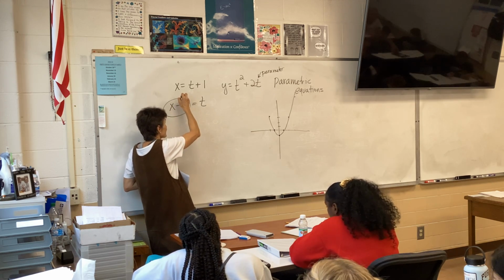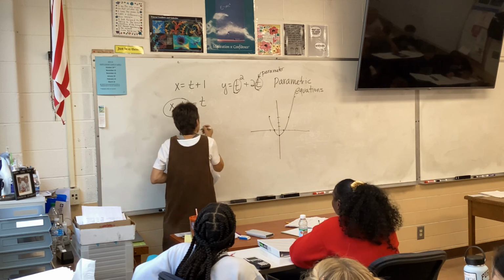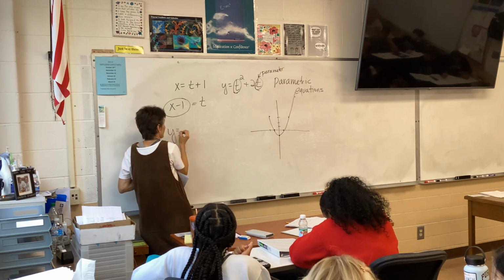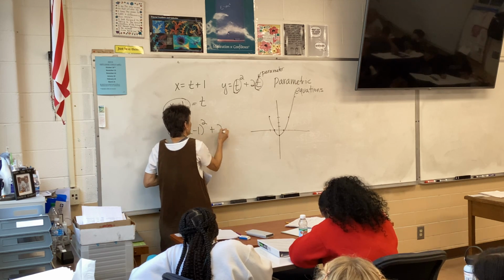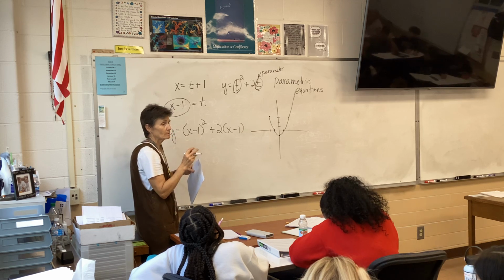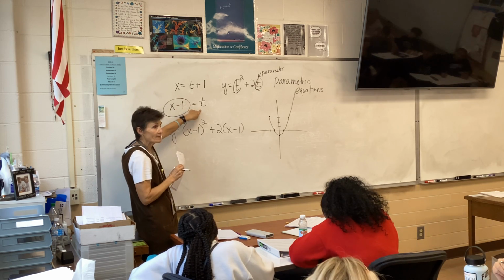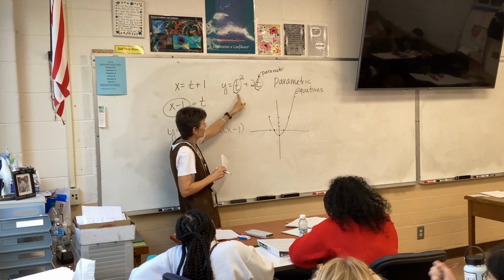Take that and plug it in here. So now you'll have y equals (x minus 1) squared plus 2 times (x minus 1). Get t by itself, and then substitute that in here.